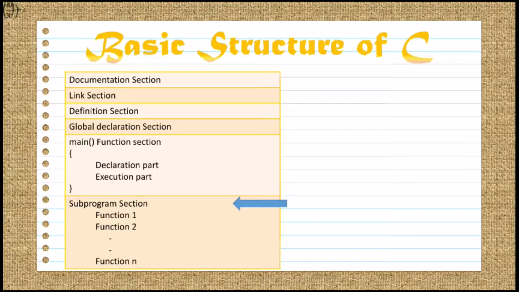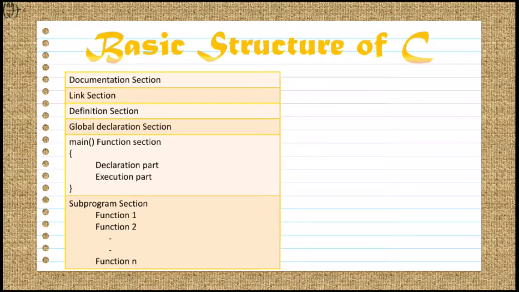Next section is the subprogram section. The subprogram section contains all the user defined functions that are called in the main function. So here, whatever functions the user wants to create, he can create in this section. User defined functions are generally placed immediately after the main function.